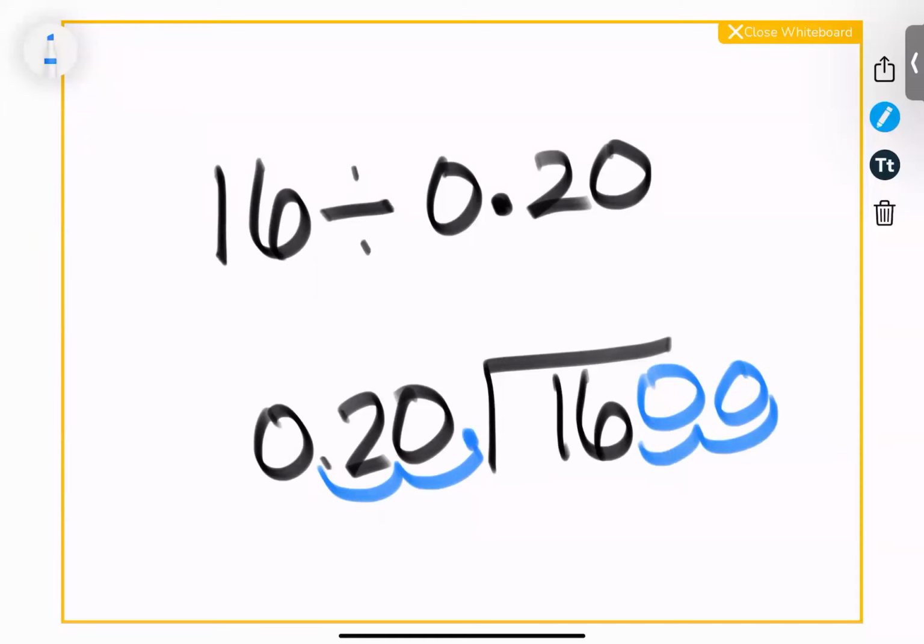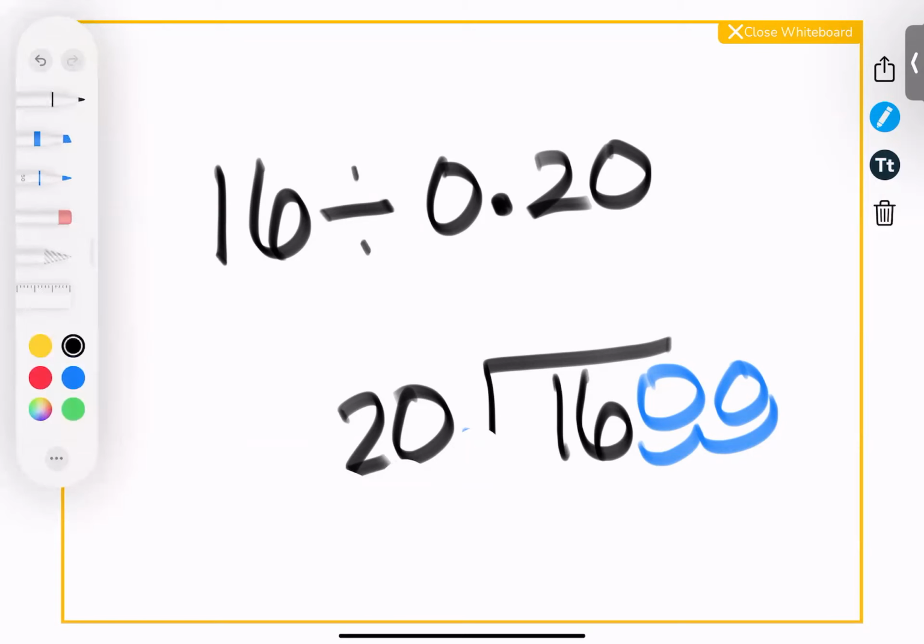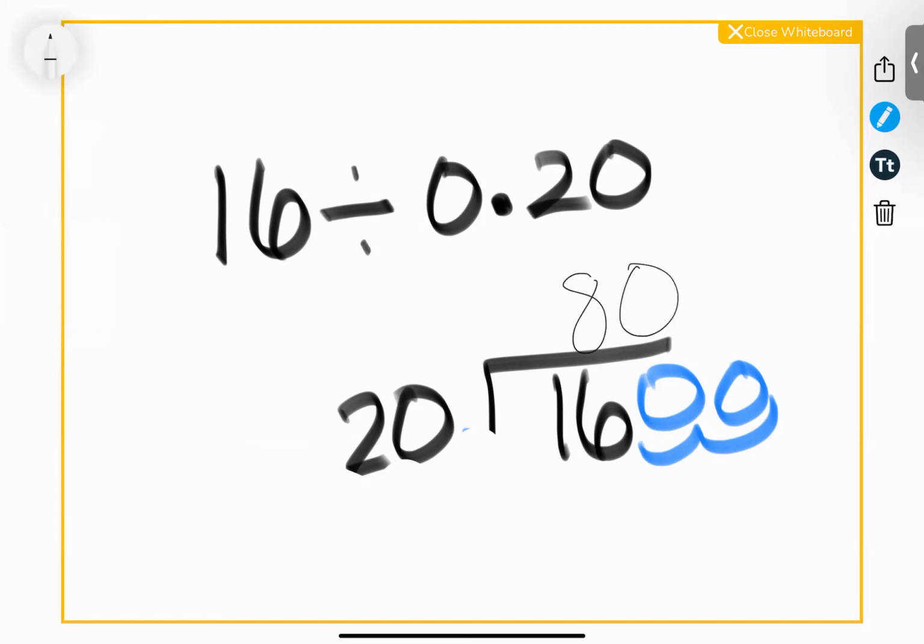I'm really dividing 20 into 1,600. When I do that, I'm left with 80. So 20% of 80 is 16. All right, we got there.